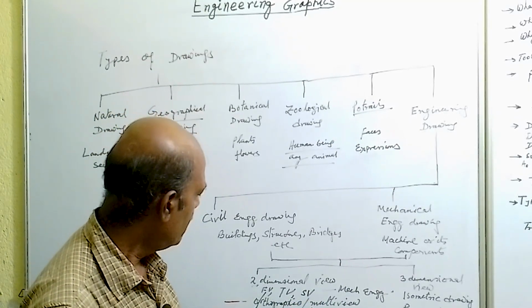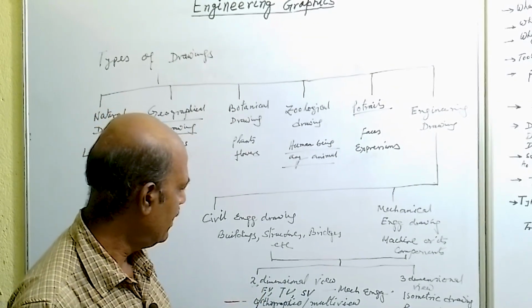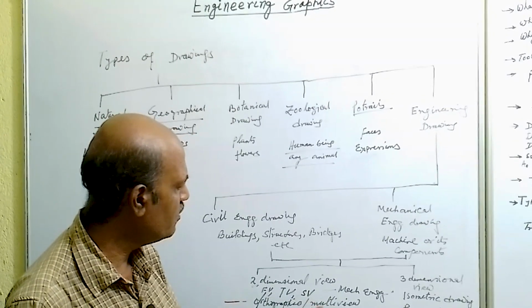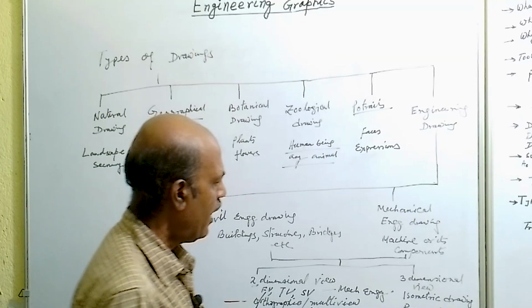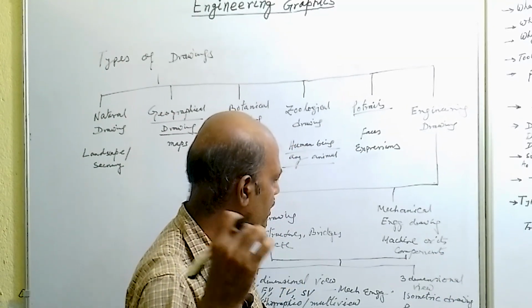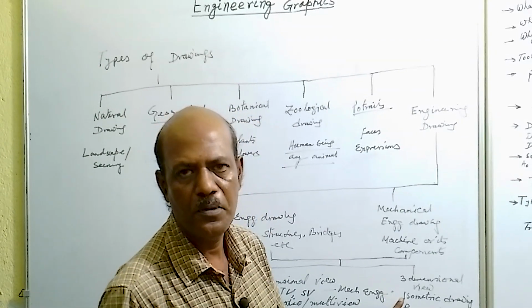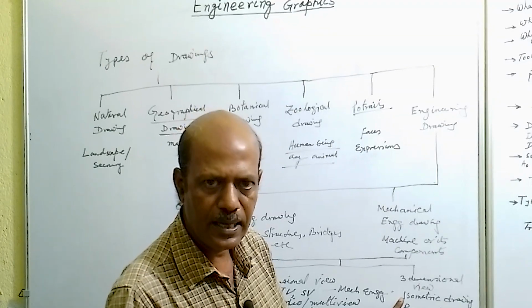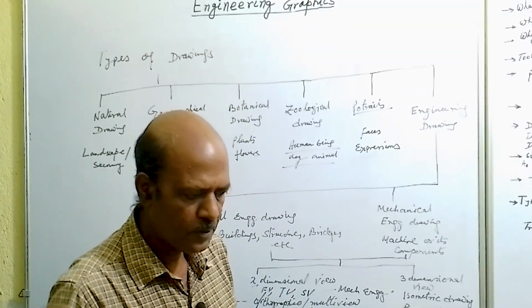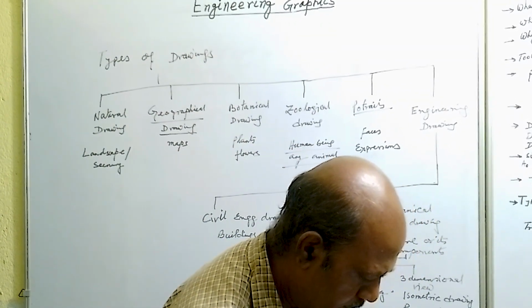Now, in civil engineering, this front view is known as elevation and top view is known as plan and side view is the same side view. And we can draw the object by using its three dimensions, that is called three-dimensional view or isometric drawing in mechanical engineering. And in civil engineering, it is called perspective drawing. Okay, this is all about the types of drawing.